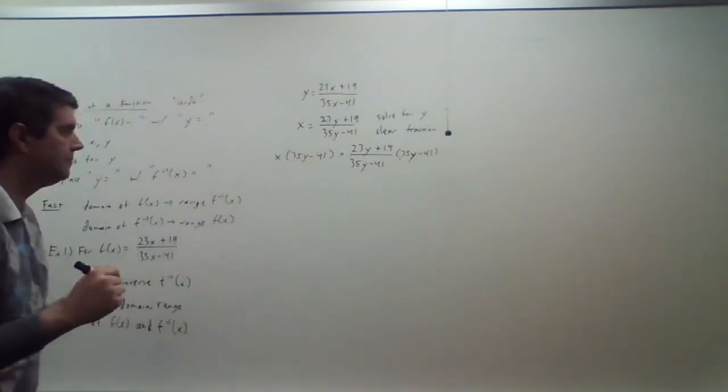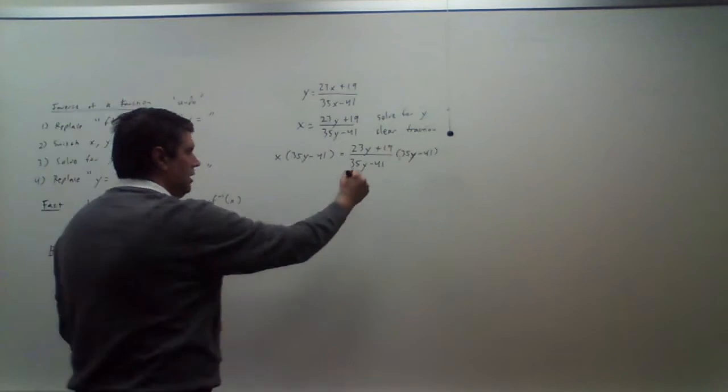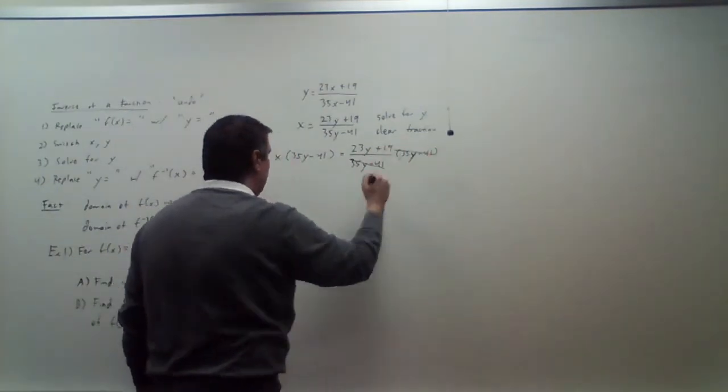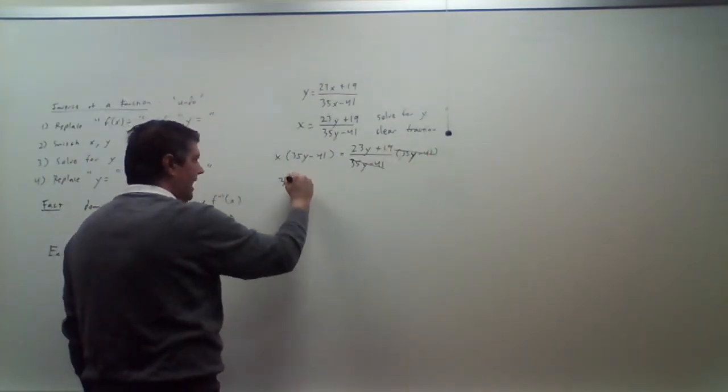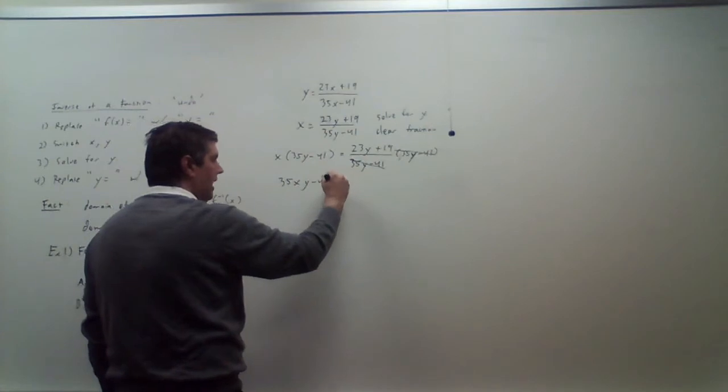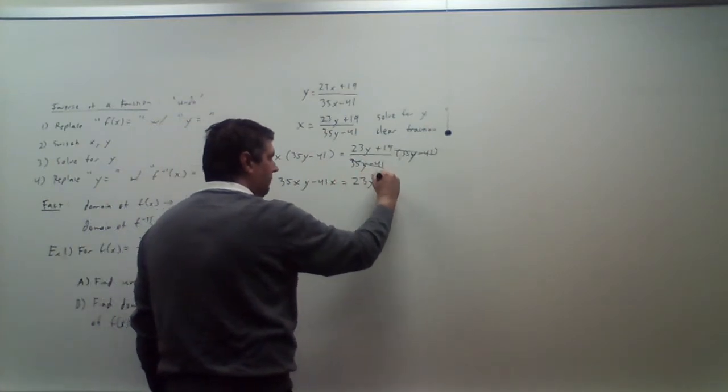All right. So, cancel, and we end up with 35xy minus 41x equals 23y plus 19.